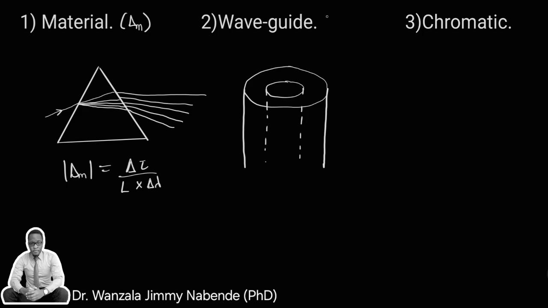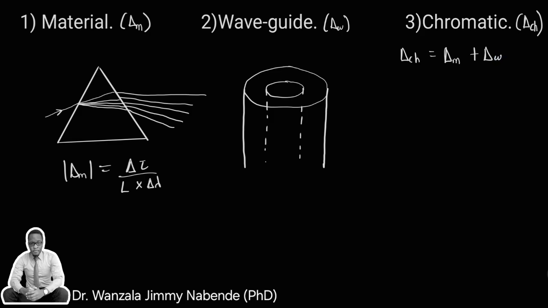So we shall take waveguide as DW. Now when we are to look at chromatic, let's call it DCH. Now chromatic is the summation of DM and DW.